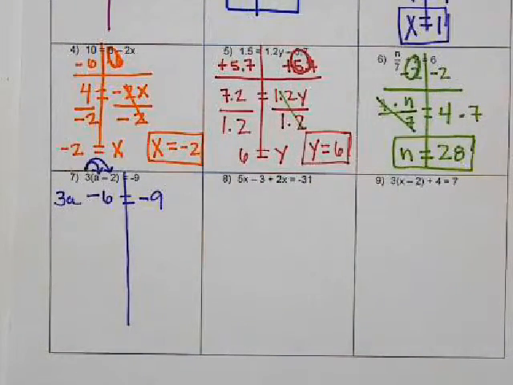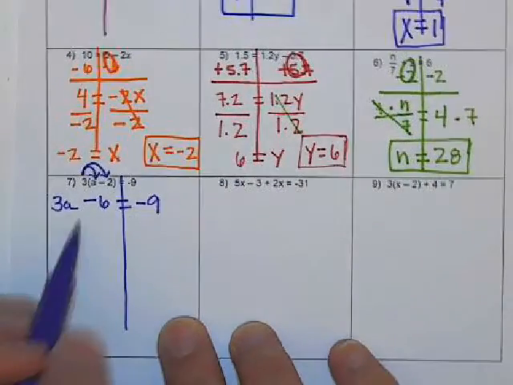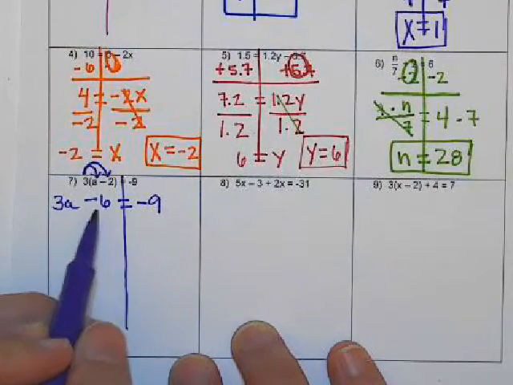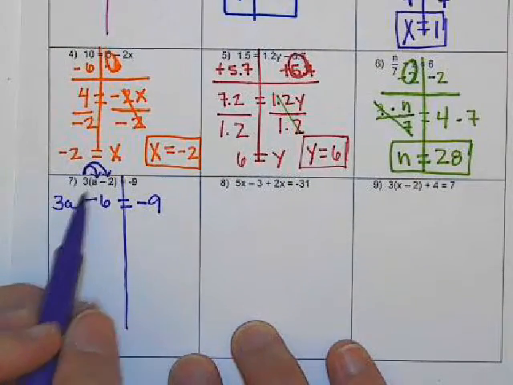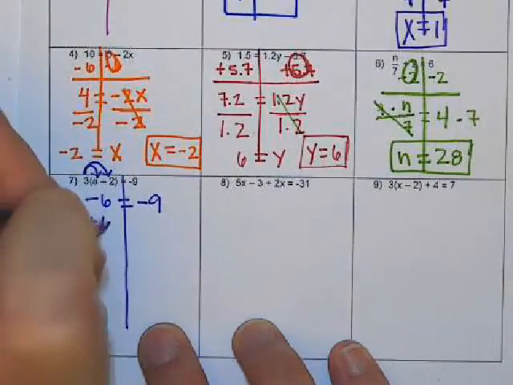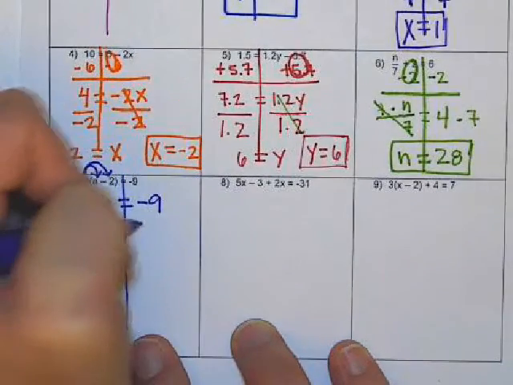All right, find your variable. What's my variable? a. What's being added or subtracted to a? -6. What's the opposite of a -6? A +6. Good. What I do to one side, do to the other.